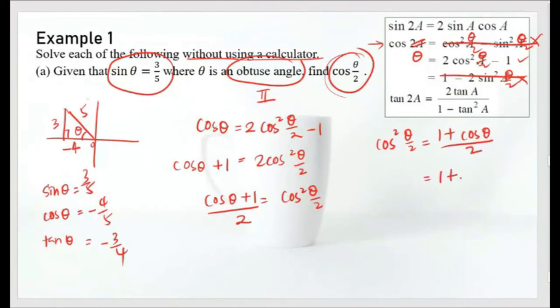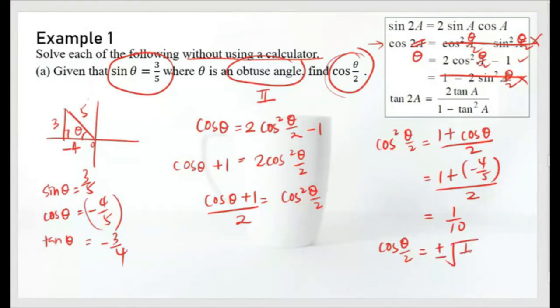Equal to 1 plus, what is your cos theta? Negative 4/5, divided by 2. So 1 minus 4/5 is 1/5, over 2, so it's 1/10. But this is not the final answer, because the final answer is without the square. So cos theta over 2 equals plus or minus the square root of 1/10.